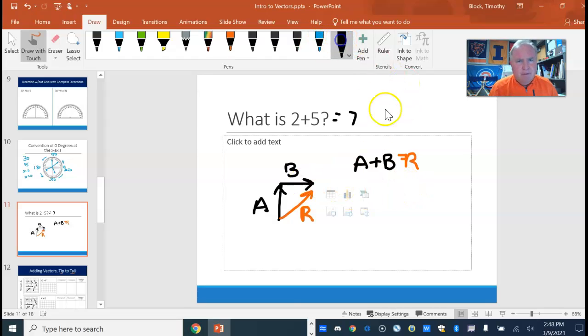Why? Well, because for a long time, we're going to find a vector that might look like this, and we're going to need to figure out what's its x component and what's its y component. Why would we want to know? Well, because if we can figure out what its x component is, we can do all our x calculations, our speed calculations, left and right.